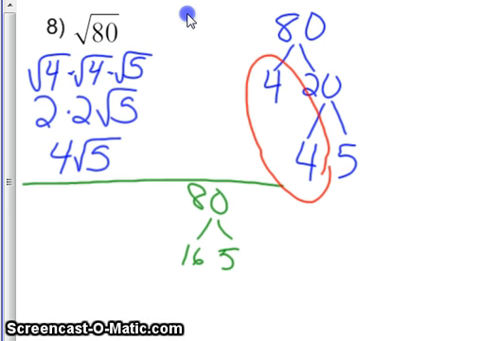I can rewrite this as the square root of 16 times the square root of 5, which is 4 radical 5. So it's the same answer, but if you get a bigger perfect square that's a factor, you can do it quicker. If you know the biggest perfect square, wonderful. If you don't, you can whittle it away by taking smaller perfect squares.